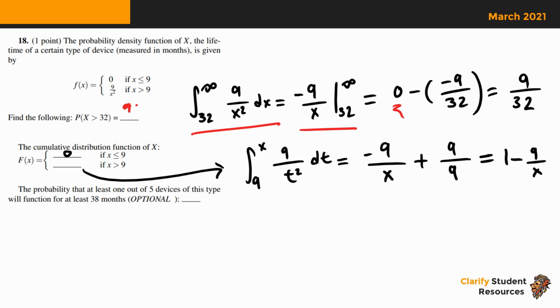So this first part is 9 over 32. And then we get the next part, which is the CDF. So we're going to integrate from 9 to x of 9 over t squared dt. I changed the variable so it doesn't get confusing. And then you get negative 9 over x, and then 9 over 9, which is just 1 minus 9 over x. So this becomes 1 minus 9 over x.